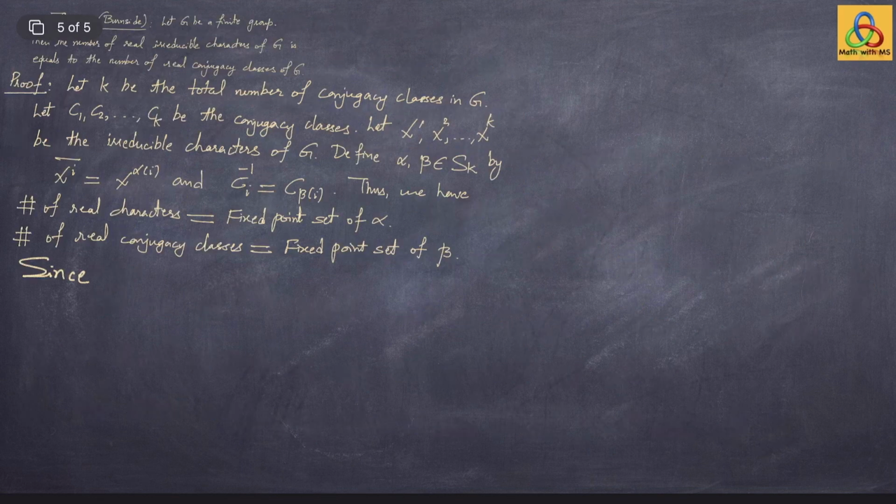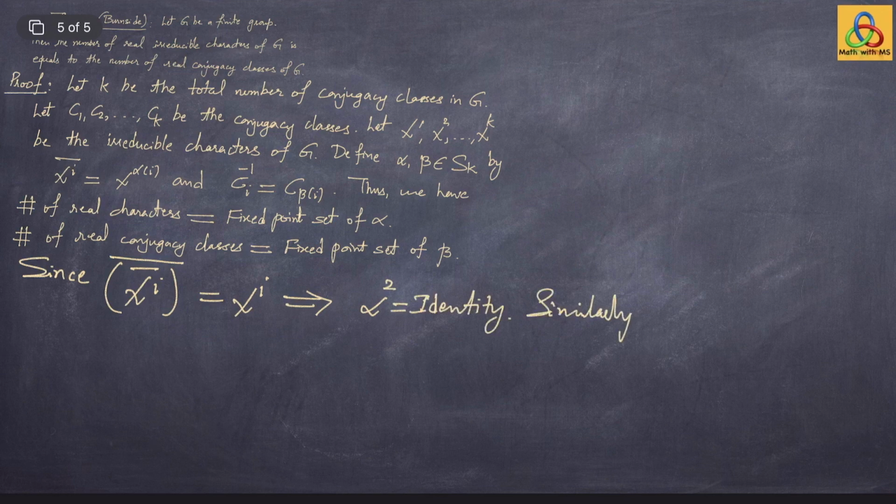Since applying bar to chi i bar gives just chi i, this implies that alpha squared is the same as the identity. Similarly, beta squared is also the identity.